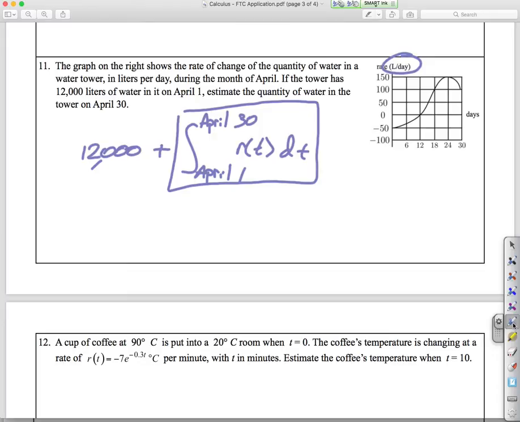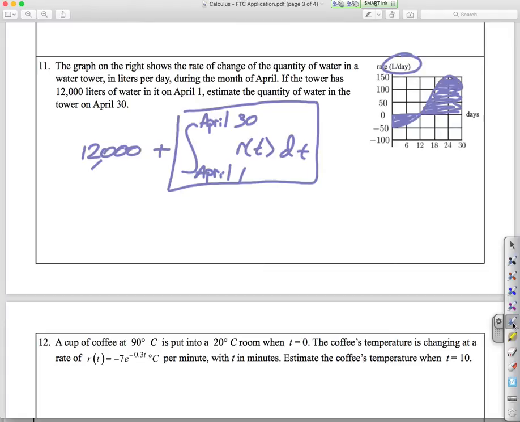So I'm just going to do my best estimate at the area. So I need that area, and I need that area. Alright, now, each rectangle is worth how much? $300.